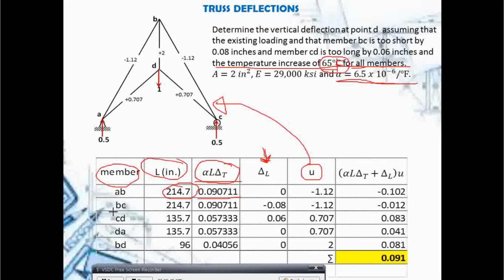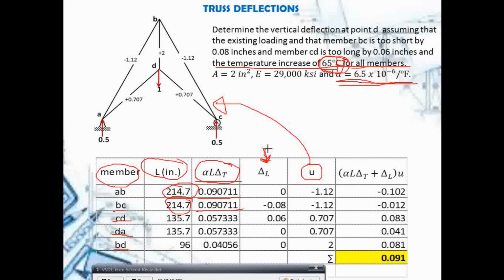For BC naman, the same, 6.5 times 10 raised to negative 6 multiplied by the length of BC multiplied by the change in temperature 65 degrees Fahrenheit. Doon ko nakuha ito. Same with CD, DA, and BD.